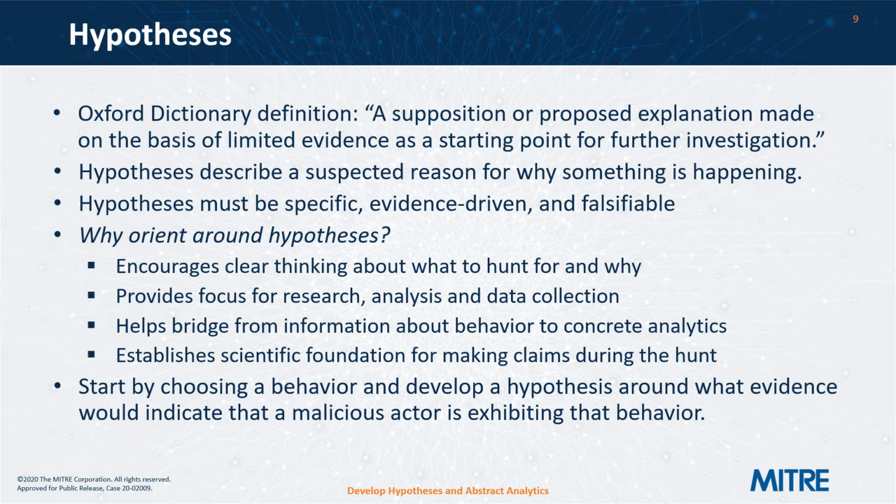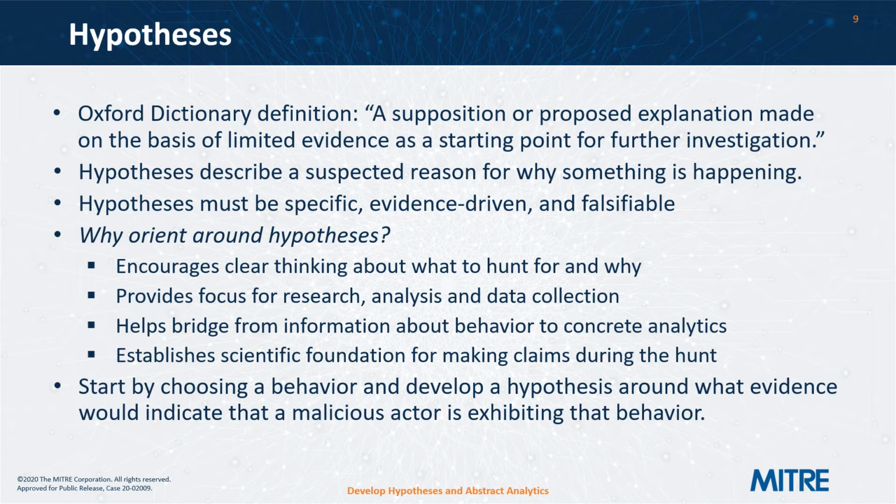For example, a hypothesis that someone might try to do something on your network is extremely vague and doesn't help us do our research or build an analytic or figure out what data we're going to need to test. Getting more specific will help.